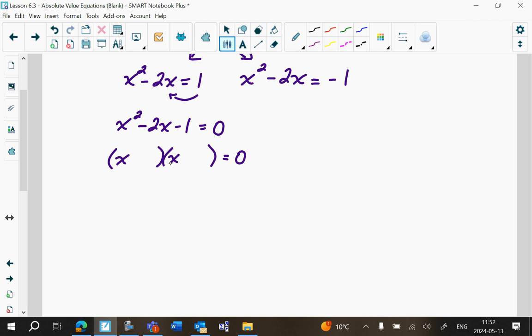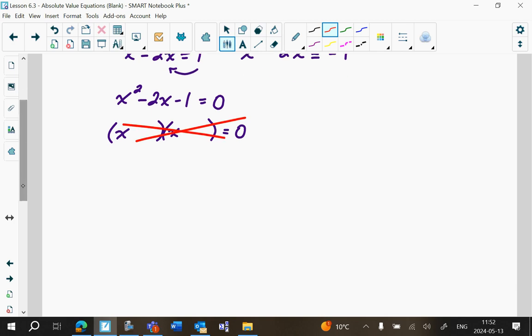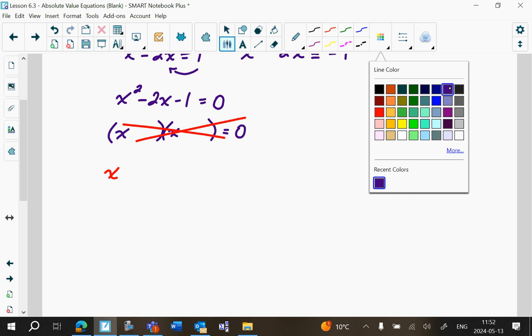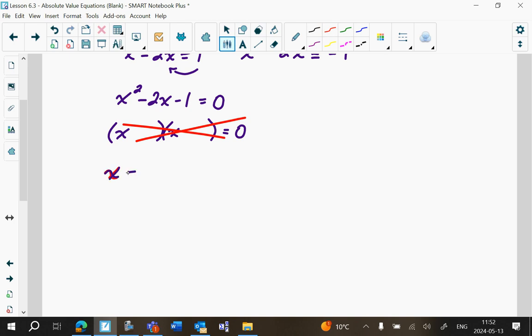Do we remember what it is? X equals. You will get this formula. Okay, you don't have to memorize it, but you remember?